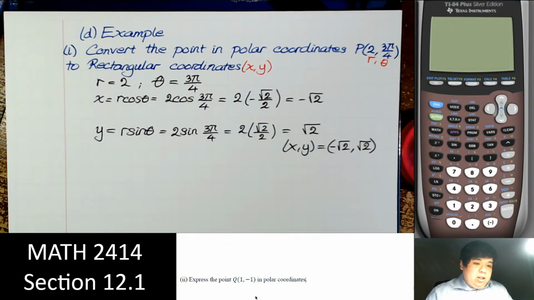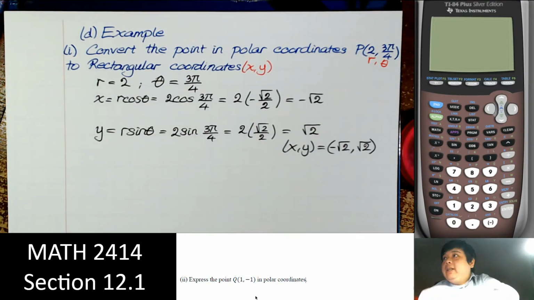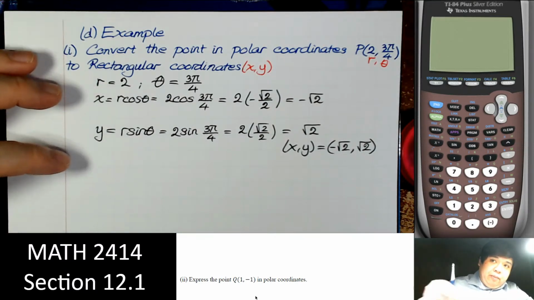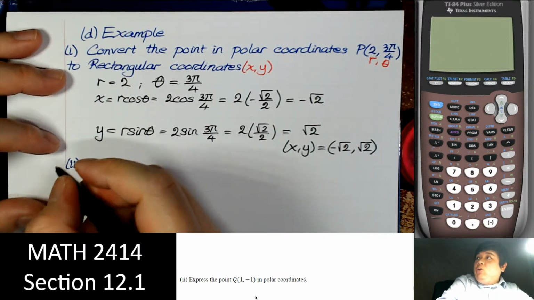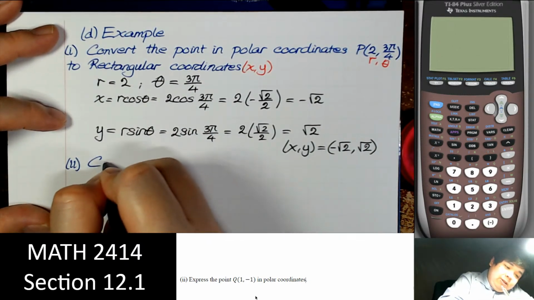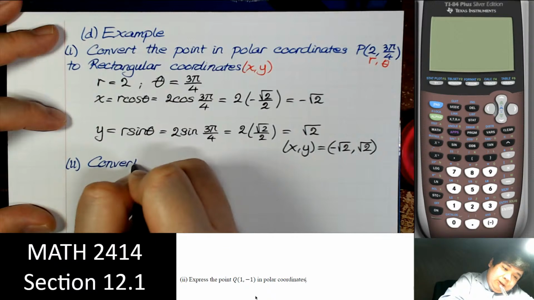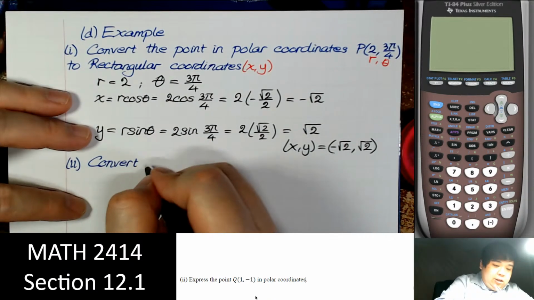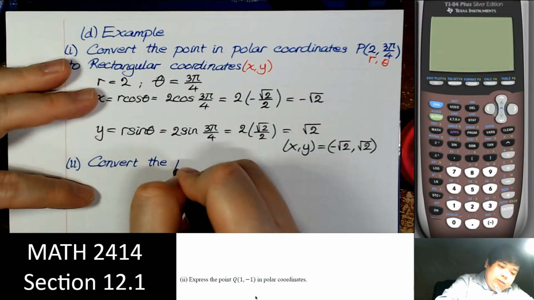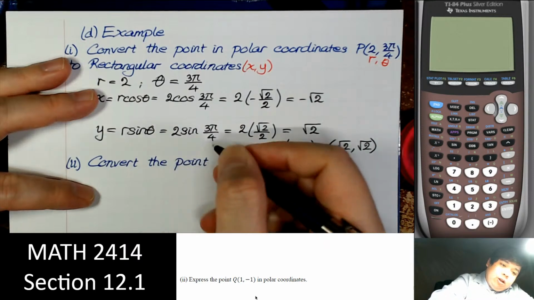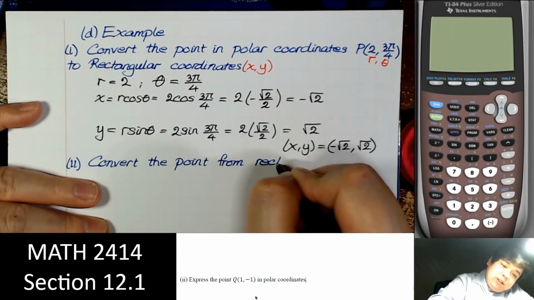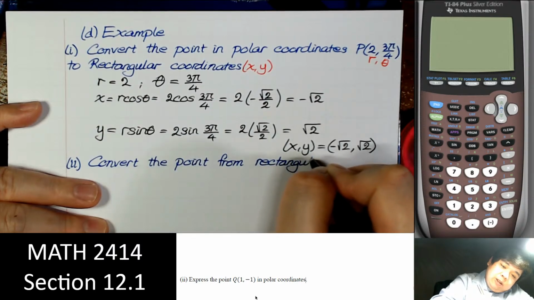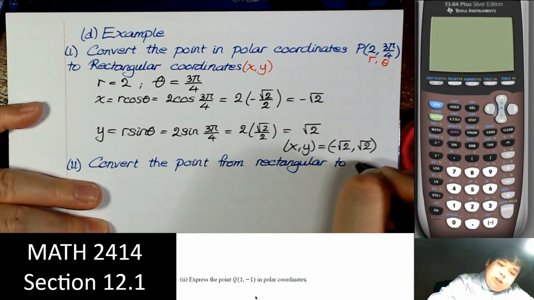Right. So we converted from polar to rectangular. Now what if we do it in the opposite direction? We'll try to convert the point from rectangular to polar.